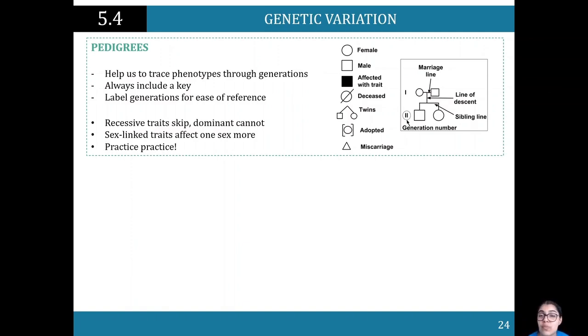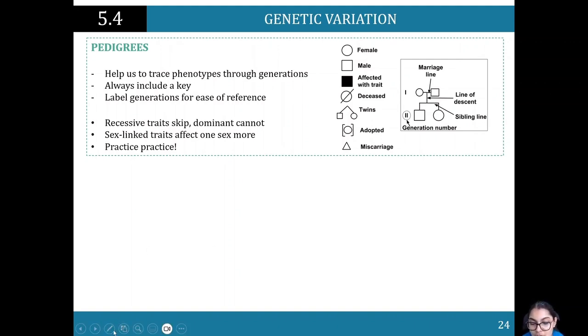It's not possible for dominant traits to skip a generation, and that is because if it's a dominant trait and it's homozygous dominant, then we know that the trait is going to be a phenotype. But even if we have heterozygous, we know the dominant is going to win because the dominant will be expressed.